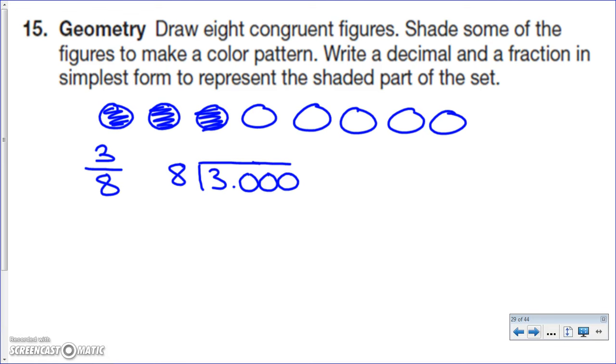And we know 8 can't divide into 3, so 8 goes into 33 times. Then we know 8 goes into 67 times. Then 8 is going to go into 45 times.